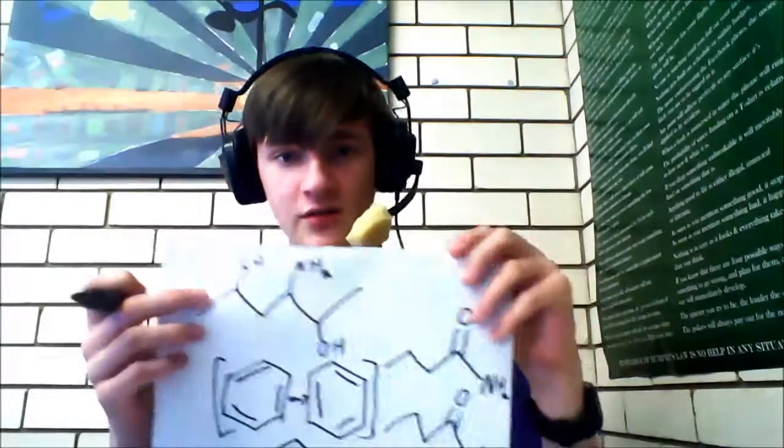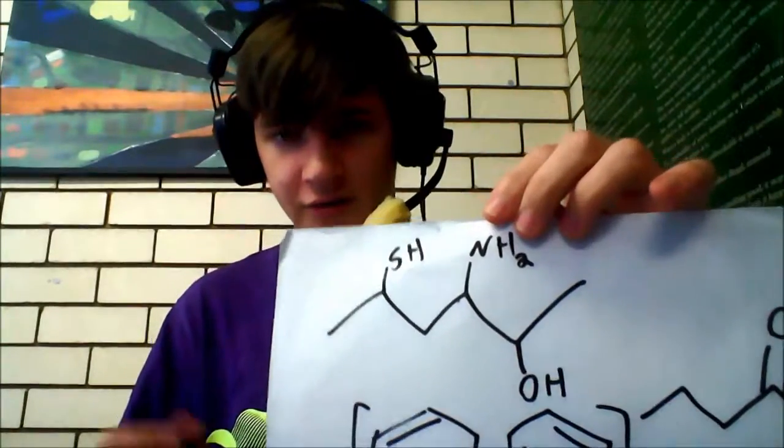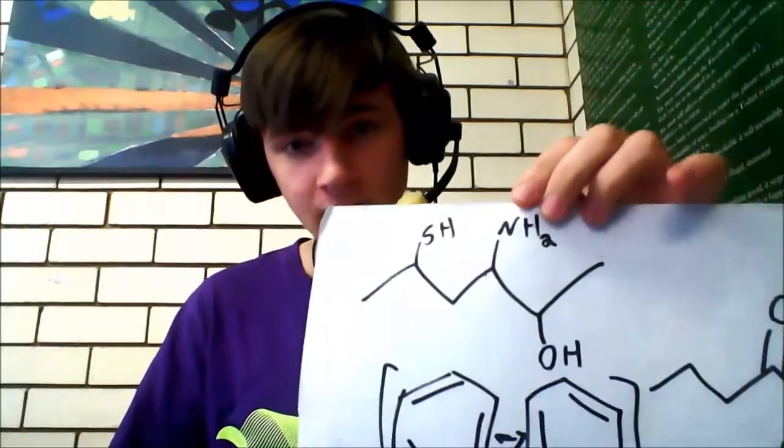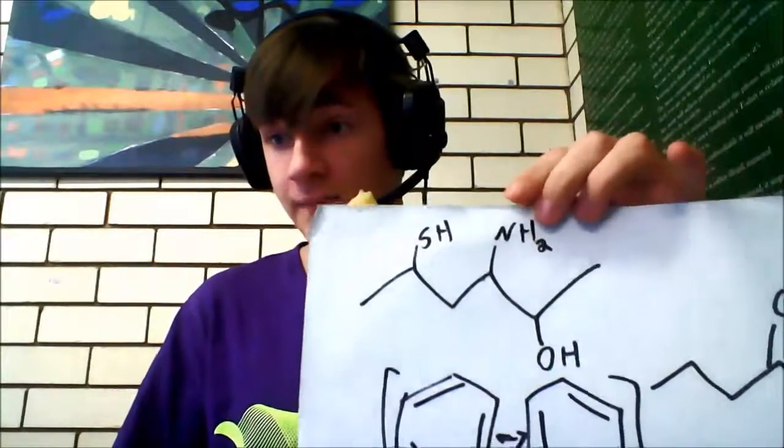So let's go back to this molecule. Let's see, it's got 3 different functional groups. An alcohol group, an amine group, and a thiol group. So I've got to say where they are, in alphabetical order, going for the most important one.